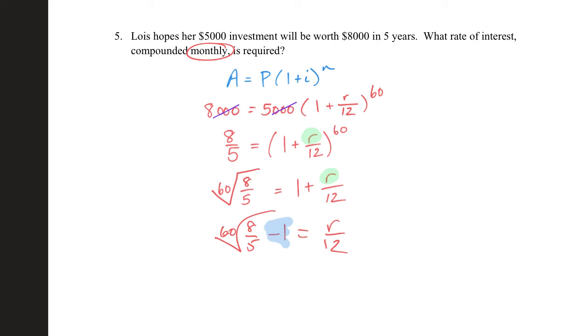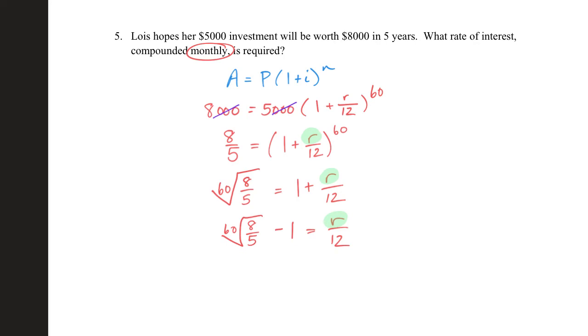The way I have it written, I don't know, like the subtraction is underneath, but the one... So I'm going to argue to you, really take your time when you are writing out any time you incorporate a root. So I need to have the 60th root of 8/5, and I'm going to subtract 1. Now I want you to see there should be no doubt that that -1 is on the outside of the root.